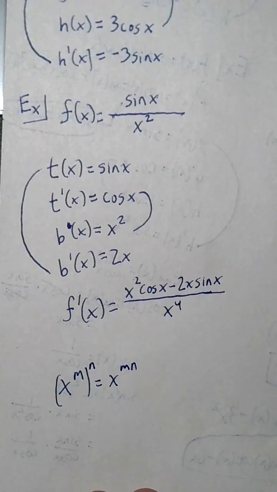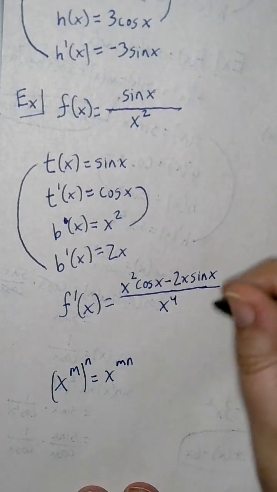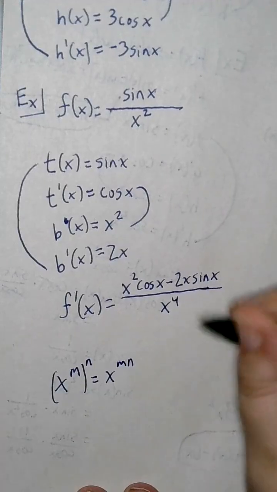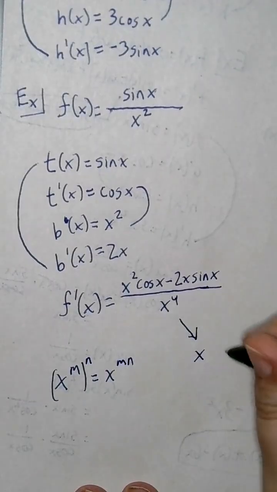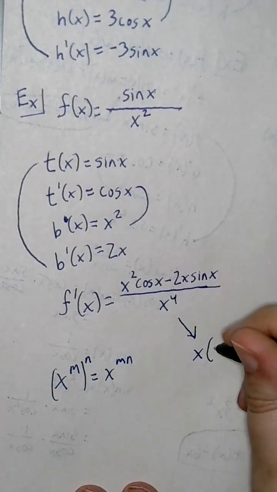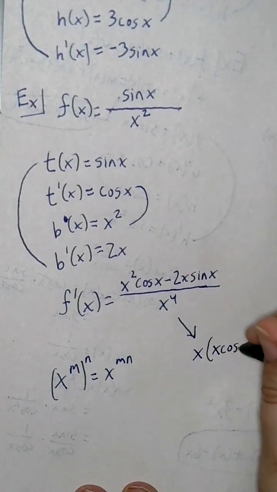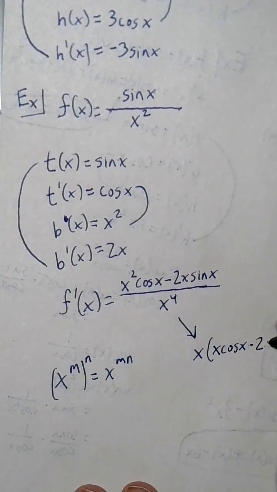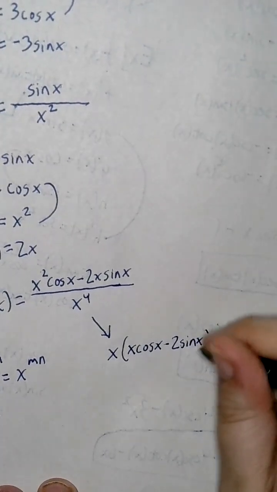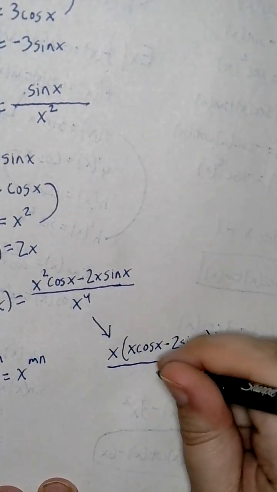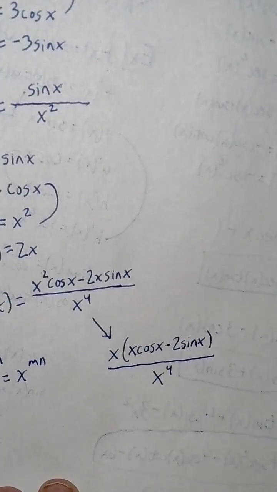Can I simplify this? Technically, I can by just factoring out an x. So if I wanted to, I could write this as x times x cosine x minus 2 sine x all over x to the fourth.